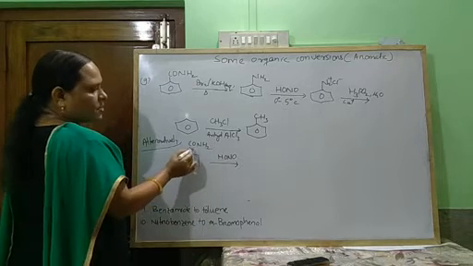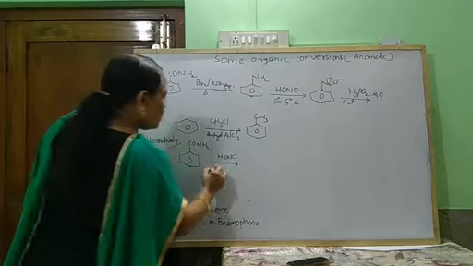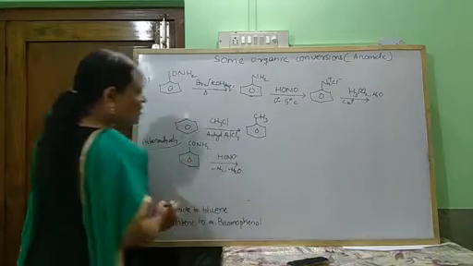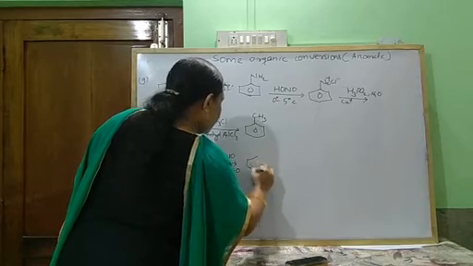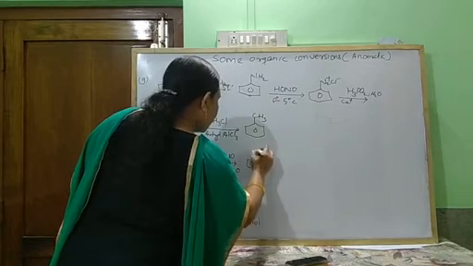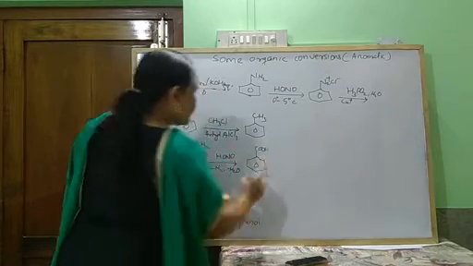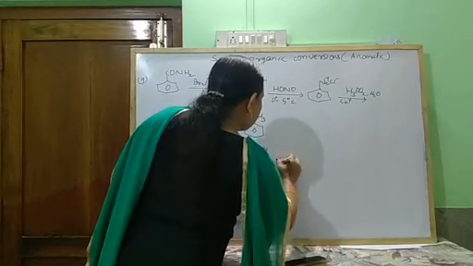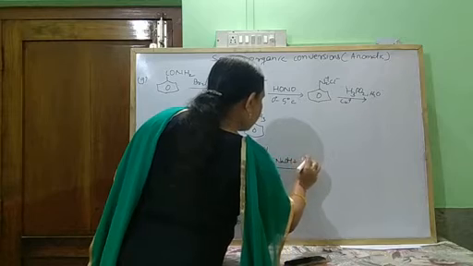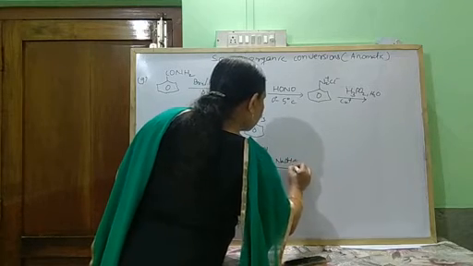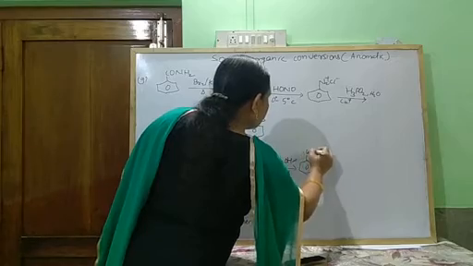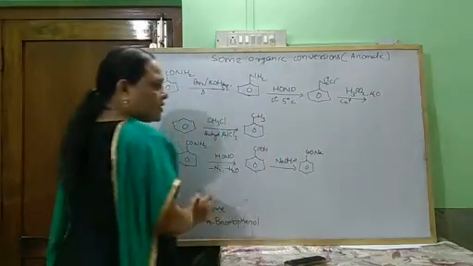It forms carboxylic acid with evolution of nitrogen gas and water. It forms benzoic acid. And benzoic acid, when treated with sodium hydroxide, forms sodium benzoate.